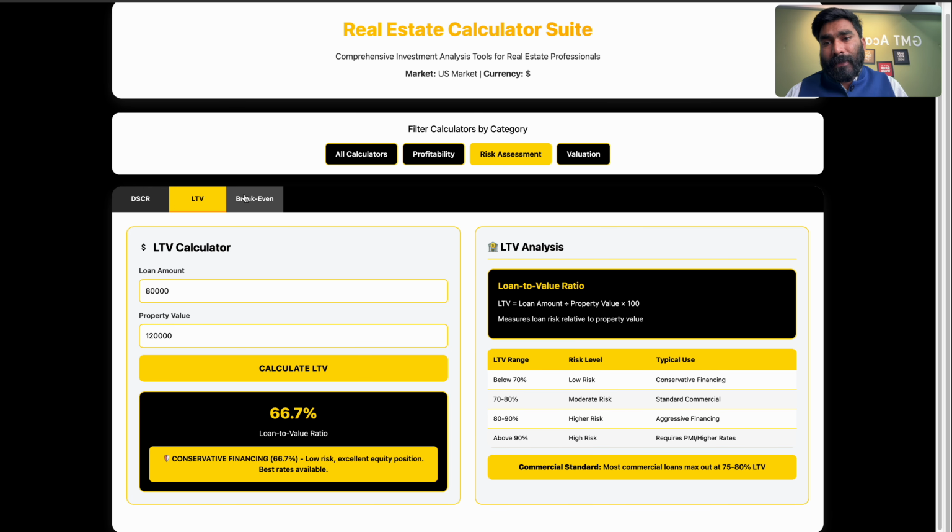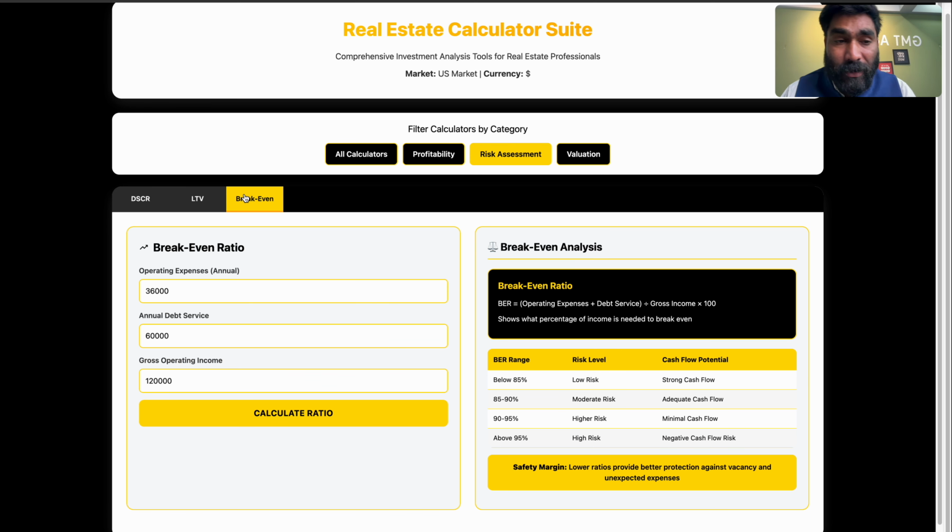All right. Now let's talk about the break even ratio. The break even ratio shows what percentage of income is needed to break even. To calculate it, we take operating expenses plus debt service, divided by gross income, times 100.